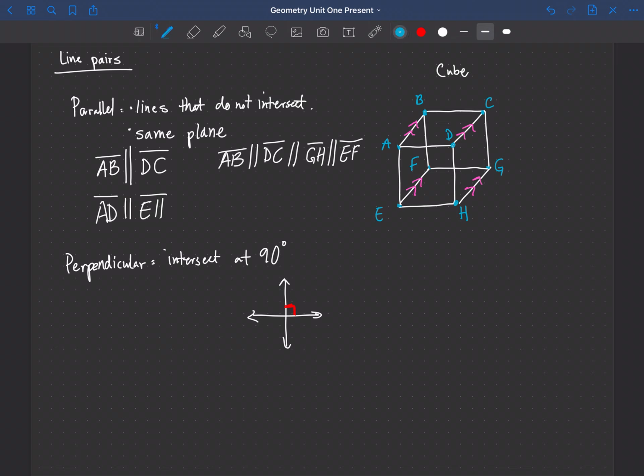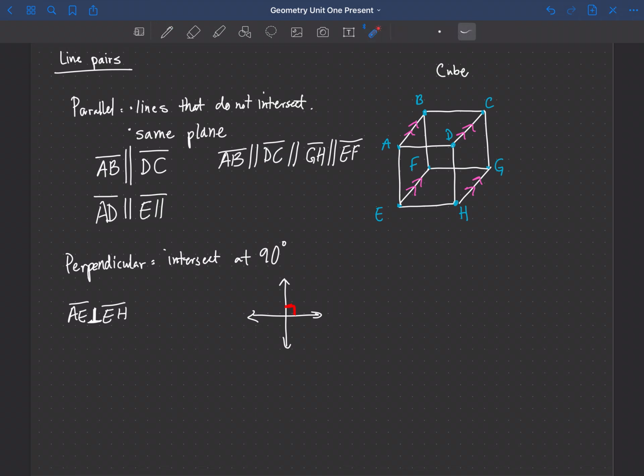Okay. So since this is a cube, all our intersections here should be 90 degrees with another line. So let's see. We can see that AE and EH make a right angle. So I can write AE and EH. Okay, these lines are perpendicular, so the symbol for perpendicular is an upside down T. Looks like a perpendicular intersection.